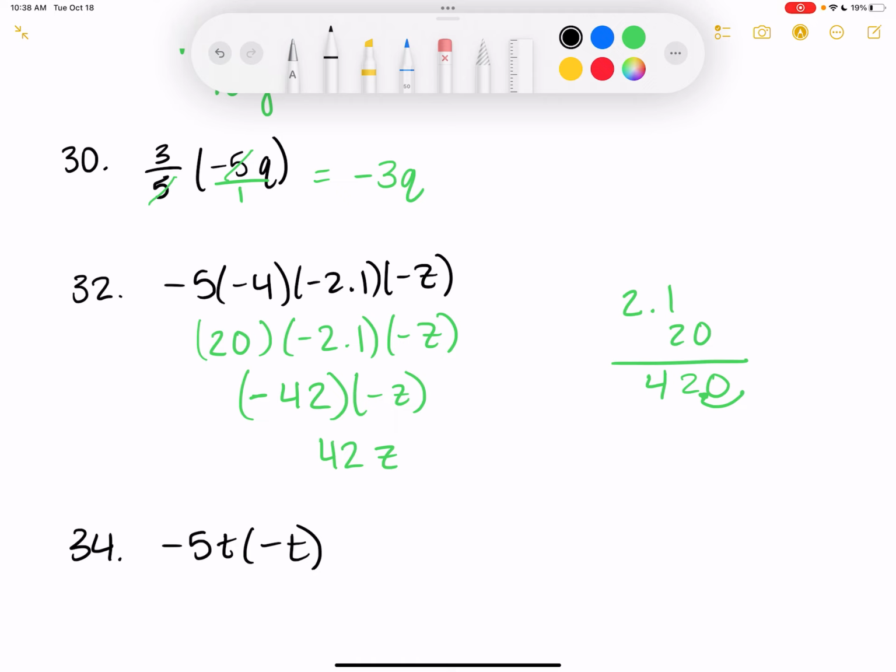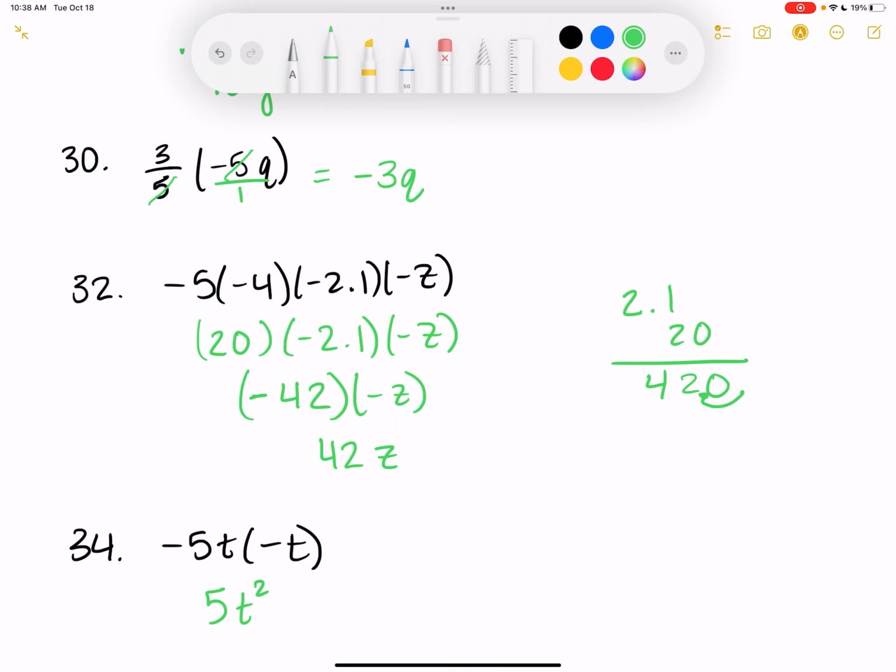So the negative and the negative, what's gonna happen? Positive. So I can just get rid of that, and then we're gonna rewrite the t as t squared. That's t times t. All right. Any questions about those ones?